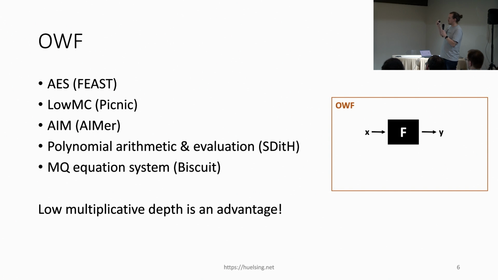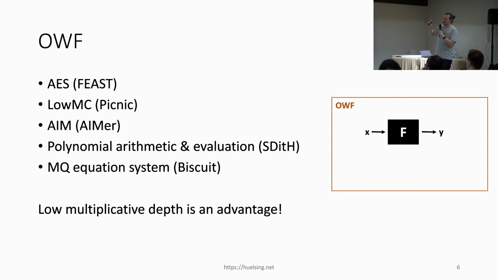The important thing is multiplicative depth should not be too much because you're paying quite hard for this. Every consecutive multiplication gate that you have will cost you a lot in terms of size and speed. And this is why you have these dedicated ciphers, LowMC and AIM.